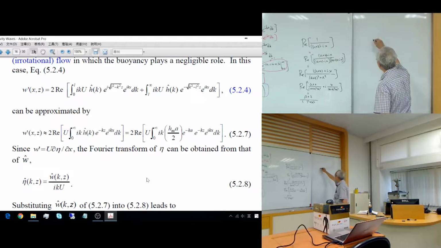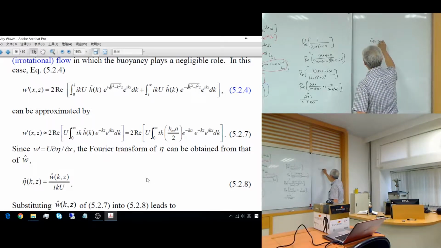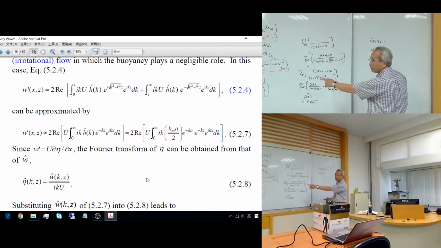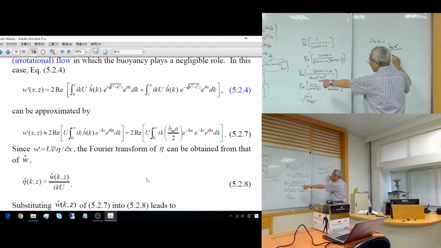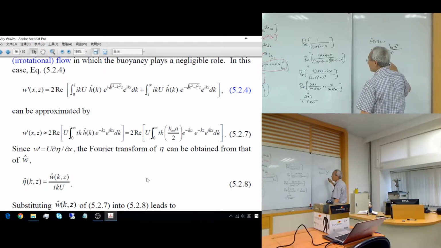Okay, so at g equals 0, what's eta? That's h_m times a squared divided by x squared plus a squared.